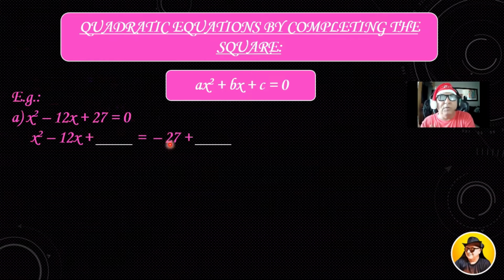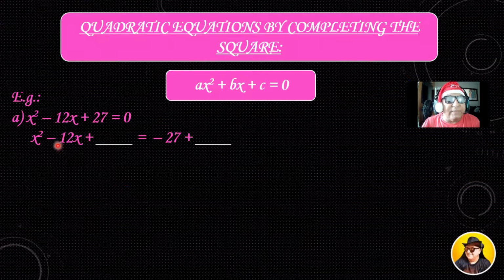At the same moment, I write two blanks, one on the left and the other on the right side of the equation. Why? Because my intention is to make a perfect square trinomial on the left side.